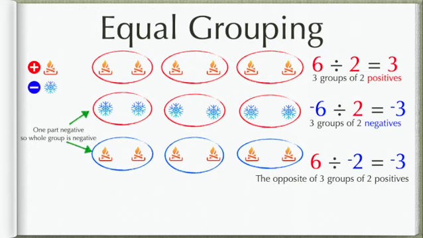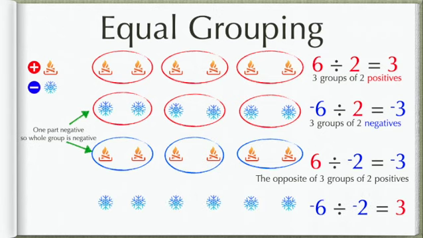You'll notice in these two that only one portion of each diagram is negative. In the first one, the ice is negative. In the second one, the grouping is negative. So one part is negative, so the whole thing is negative. So you have 3 negative groups.